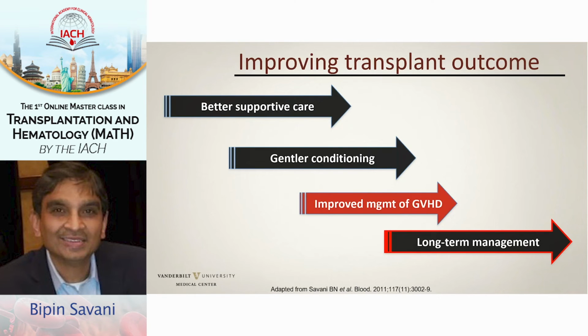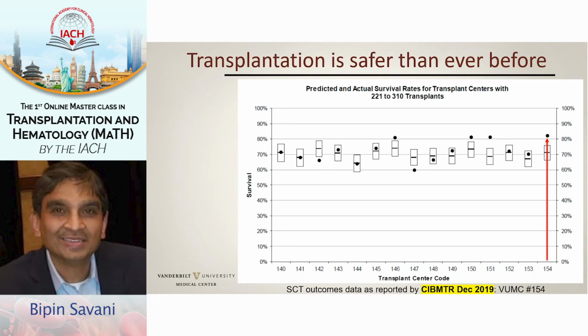We do have effective antimicrobial agents, particularly antifungal and antiviral. And more importantly, refined management of transplant-related complications. Bottom line message: we're going to see more and more cumulative numbers of long-term survivors, right? And this is the evidence.